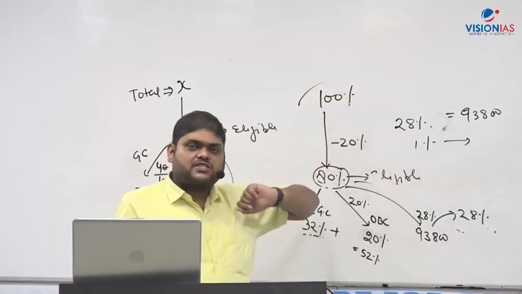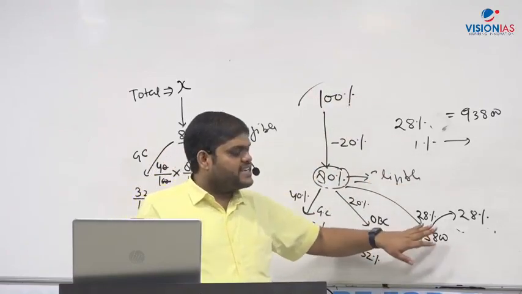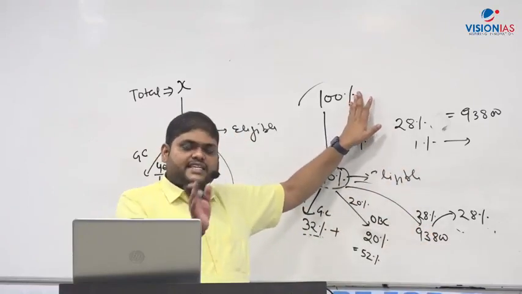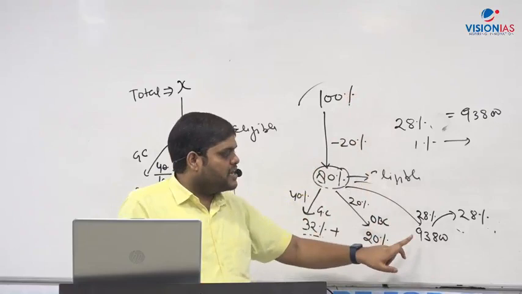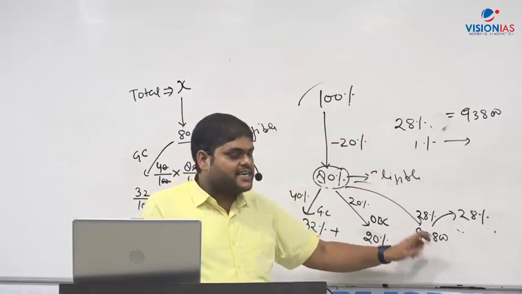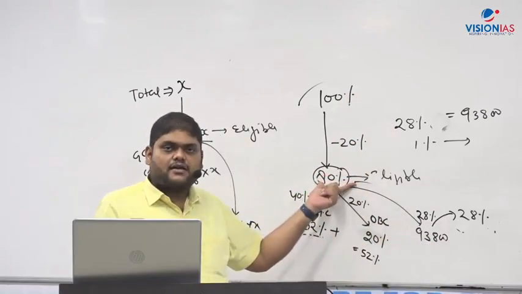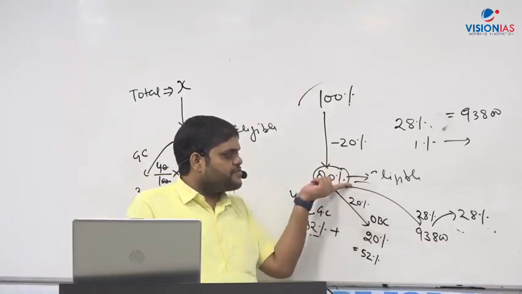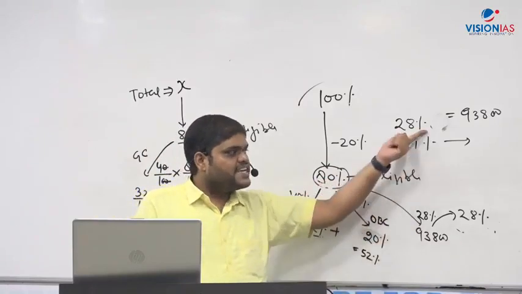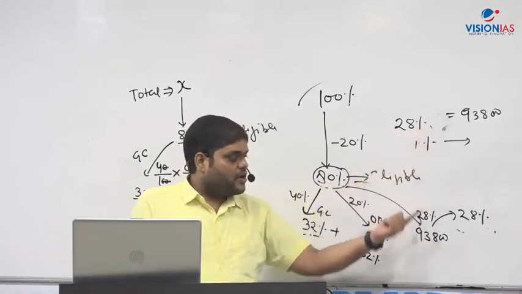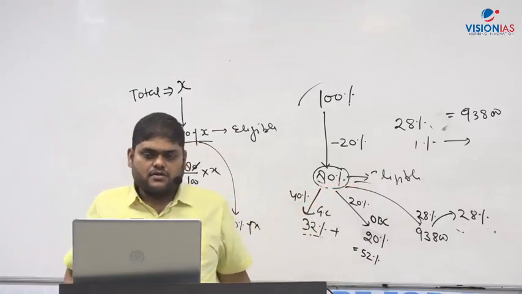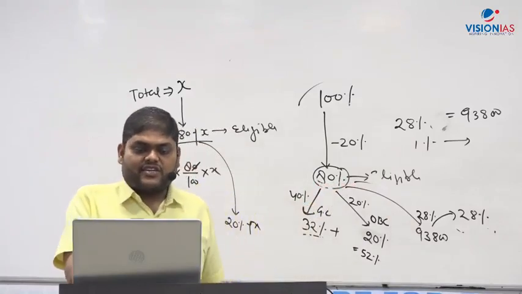If the question had given 93,800 from the total, then it could be different. But they are talking about 93,800 out of eligible candidates. That's why we have taken these two and subtracted from 80. So this becomes 28%, not 48, because they are out of eligible. You can see the language of the question.